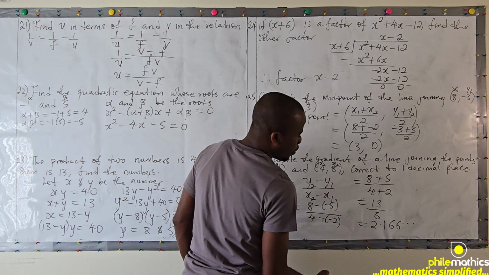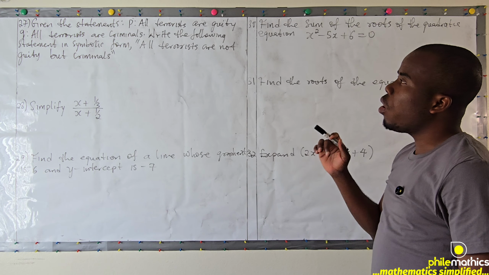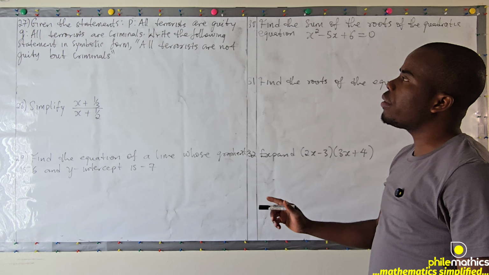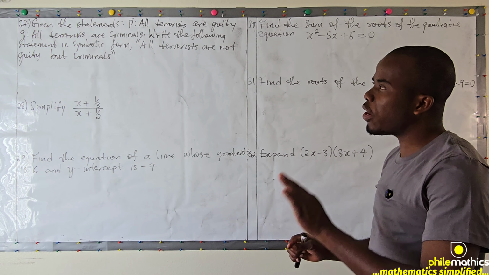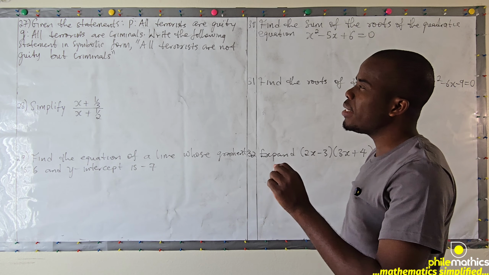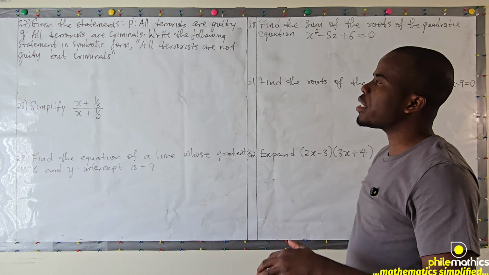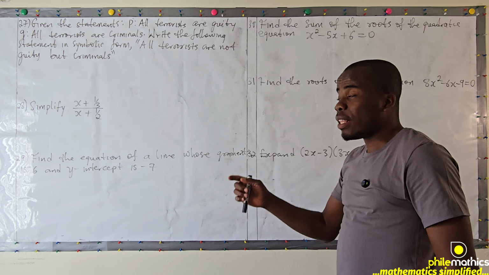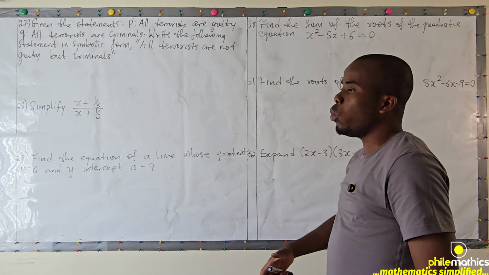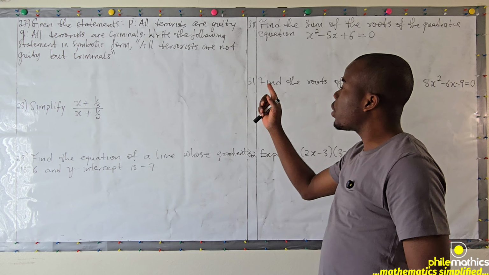Question 27 says, given the statement P, all terrorists are guilty, Q, all terrorists are criminals, write the statement in symbolic form: all terrorists are not guilty but criminals. So we agree that even though it was said that all terrorists are guilty, we are proposing that all terrorists are not guilty.